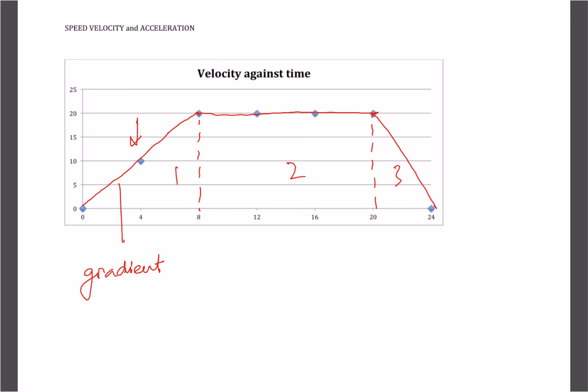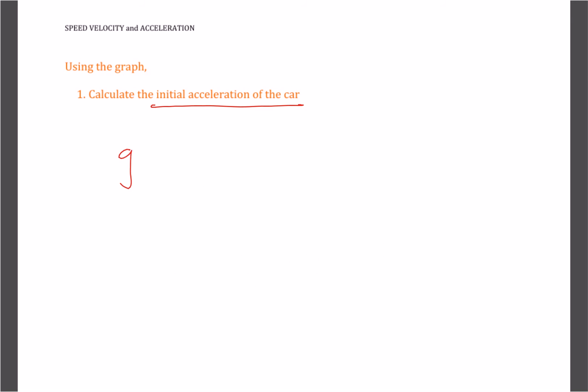And the way you work it out, you have 20 over 8, which is equal to the acceleration, and this works out to 2.5 meters per second squared. So basically the gradient of the graph gives you the acceleration, which is 2.5 meters per second squared.